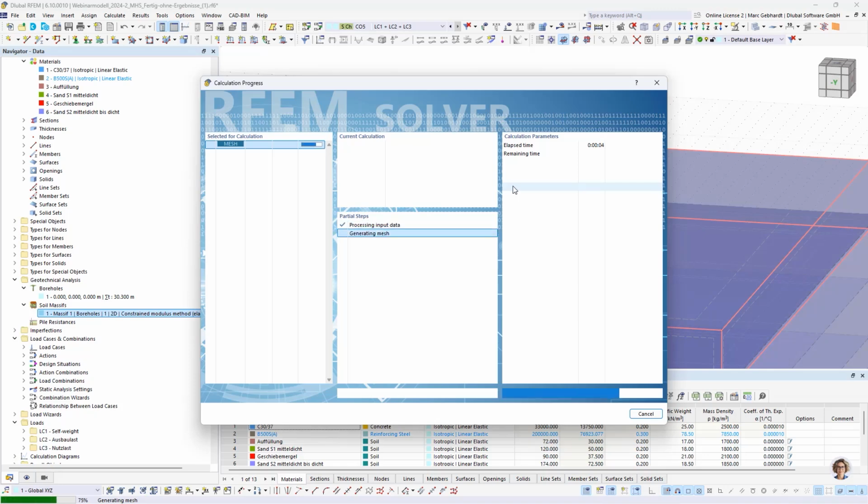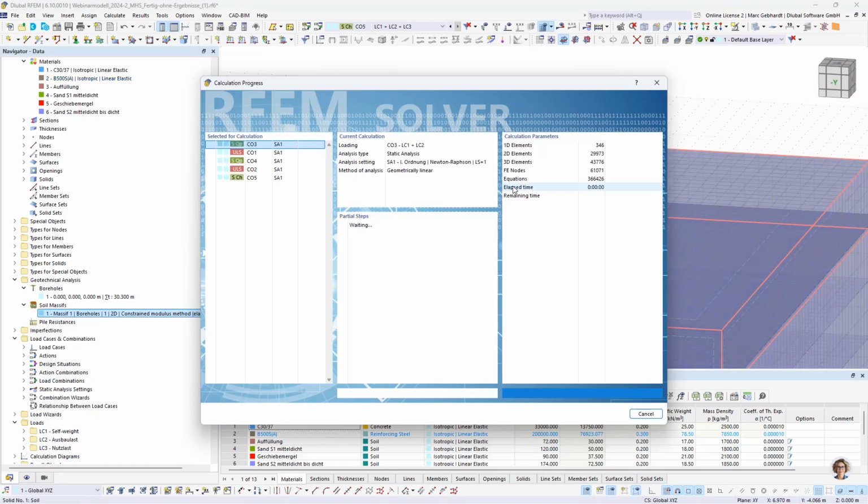As you will see, the settlement will be a little less than in the 3D calculation, which comes from the different behaviors of the methods, as well as of the implemented material behavior. Afterwards, we will check the settlements and as well the imported elastic support coefficients, and we'll see the different behavior of the soil building interaction.